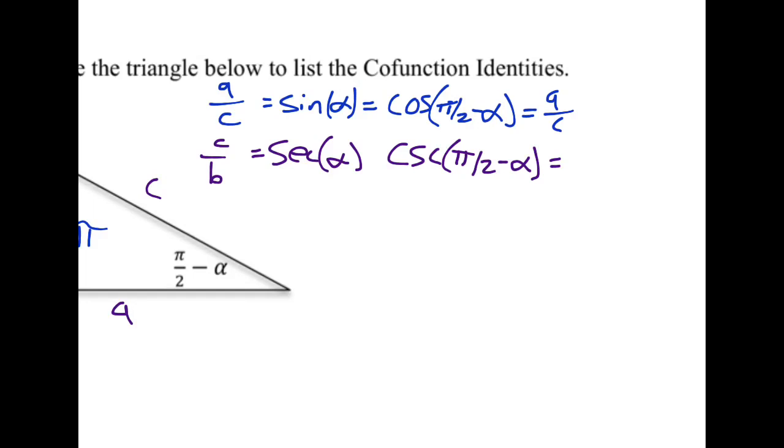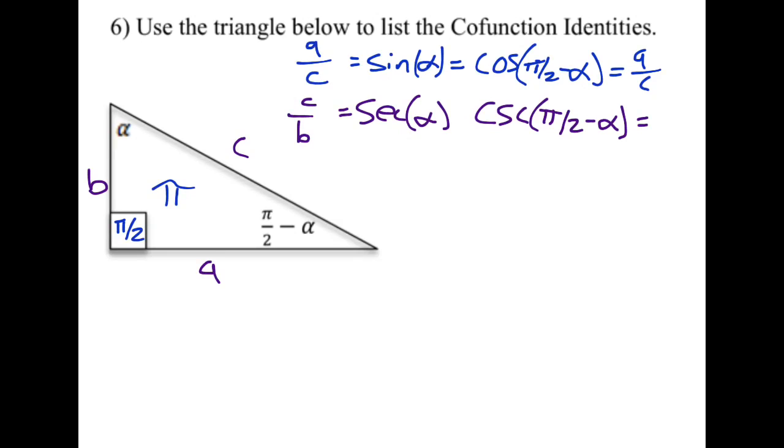Well, cosecant is the reciprocal of sine. Sine is opposite over hypotenuse, so cosecant is hypotenuse over the opposite side. Hypotenuse is C, and the opposite side from pi over 2 minus alpha is B. So again, they're both equal to C over B, which means they're equal to each other. Secant of alpha equals cosecant of pi over 2 minus alpha.